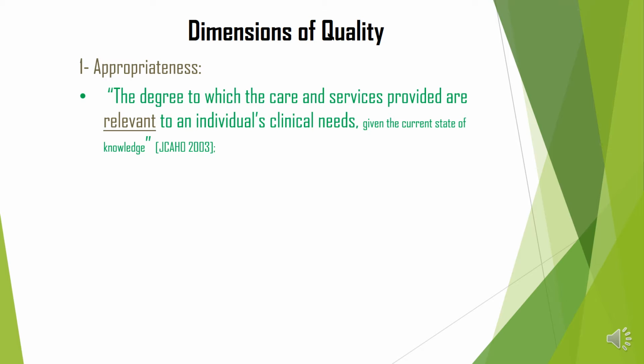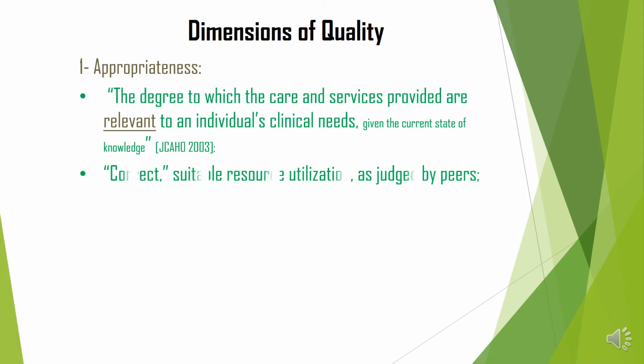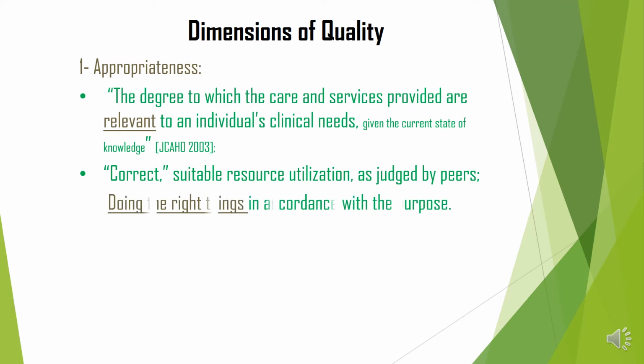Given the current state of knowledge, this is the definition by JCO, the Joint Commission, in 2003. Another definition is correct, suitable resource utilization as judged by peers, and it equals doing the right things. So if we are doing the right things for the patients or the customer, this is appropriateness.